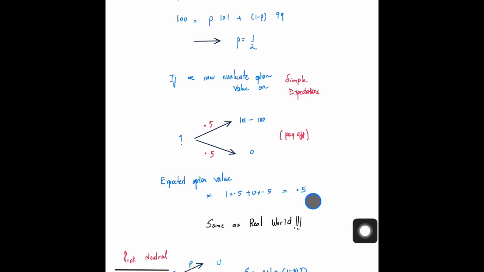Okay, so it seems that as long as you're using the simple expectation formulation of evaluating option values, if you're using a simple expectation to evaluate the price of a stock today, and then you're using the same simple expectation to evaluate the value of the option today, then in that case you will get the right value of the option.